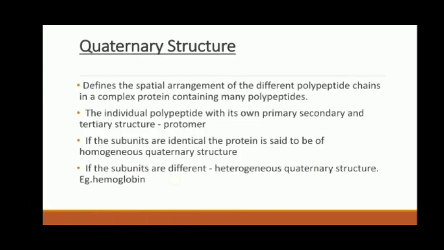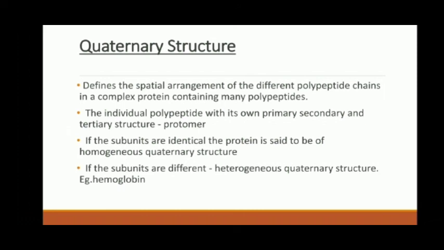So that's tertiary structure. And the last is quaternary structure. It defines the spatial arrangement of different polypeptide chains in a complex protein containing many polypeptides. Here it is not one polypeptide. In the tertiary structure, a long polypeptide undergoes folding and coiling upon itself and attains a globular shape like a hollow woolen ball.